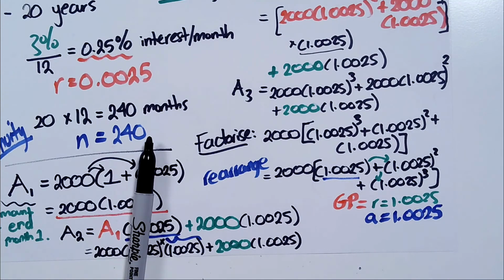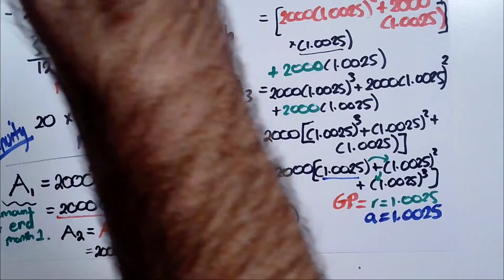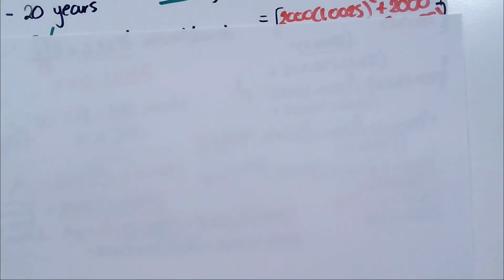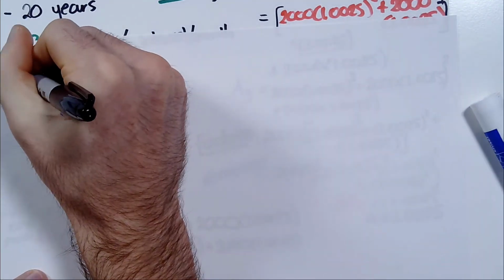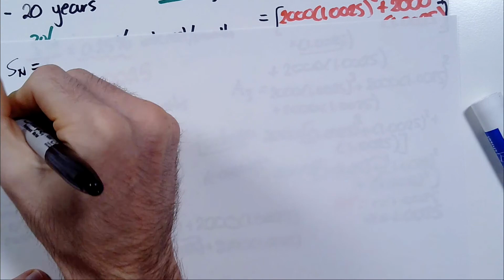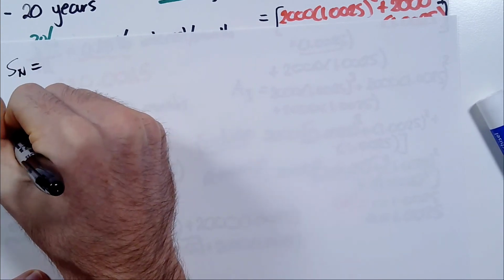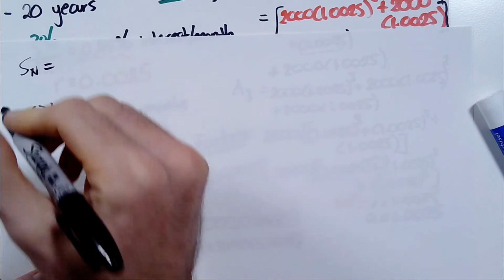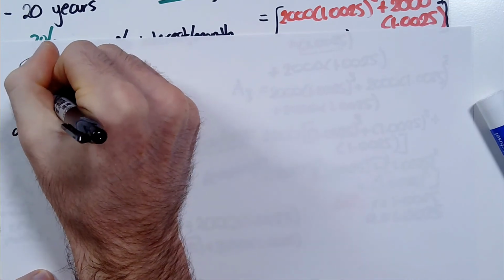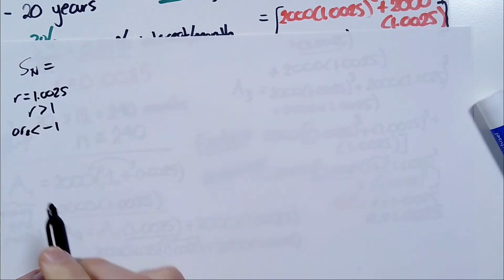Now, because we have a GP, clearly here they're plusing each other. So we need to use the formula for finding the sum of a GP. Now, if you can't remember what that formula is, I'm going to show you here. The formula for a sum of a GP where R is greater than 1 or R is less than -1, which is the case here because remember our R equals 1.0025, so it's greater than 1.